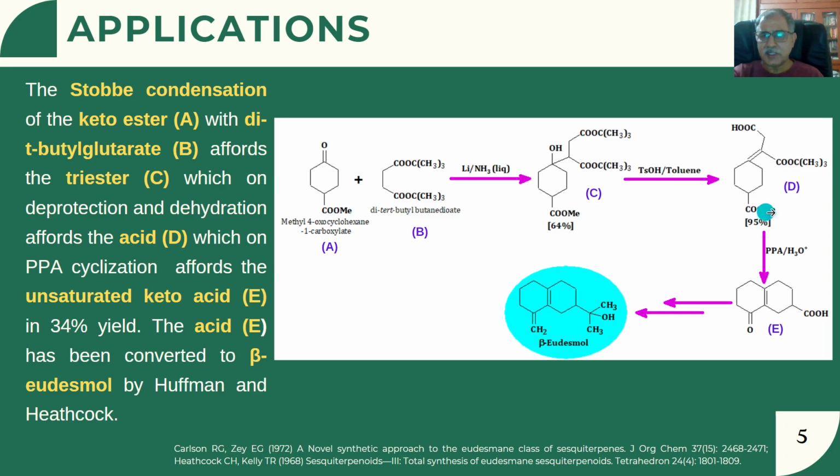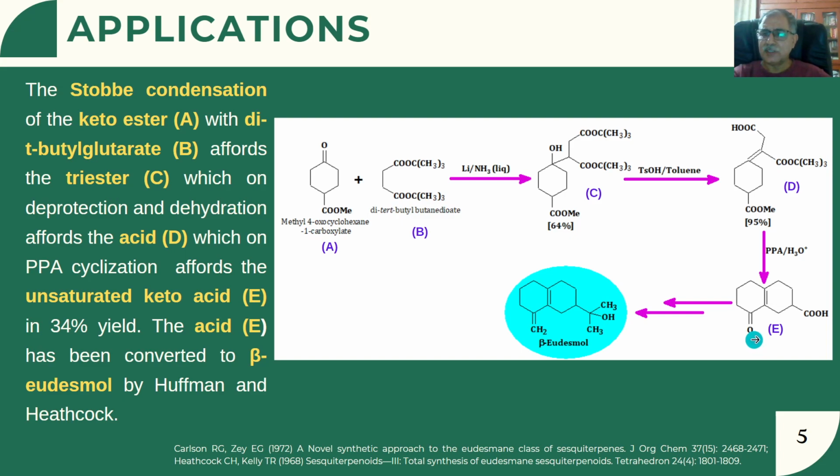and this carboxylic acid formed then will undergo cyclization in the presence of polyphosphoric acid to give us these types of unsaturated keto acids. So alpha beta unsaturated keto acids are formed, and these alpha beta unsaturated keto acids then can be converted into beta-eudesmol as the product through different types of reactions.